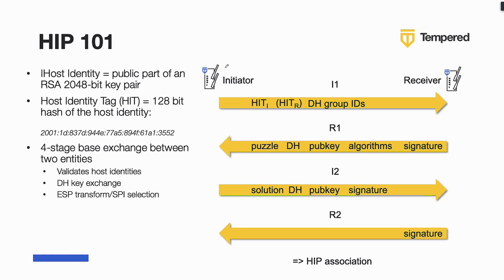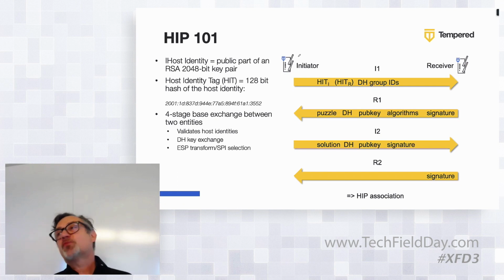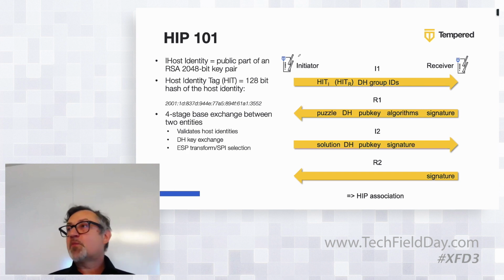So a little bit about the HIP protocol here. First of all, what is the host identity? That's the first thing to understand with HIP. In the case of HIP, a host identity is simply the public part of an asymmetric key pair. That seems like a good approximation for representing identity.